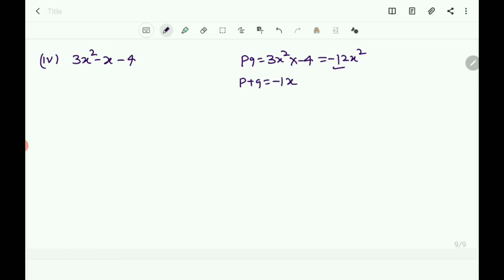And you know that here the product is having a negative sign, and the factors must have different signs, and the greater one is having the sign of the middle term, that is minus, and the other one is having the positive sign. Now here different signs means we have to take the difference of the factors, not the sum.